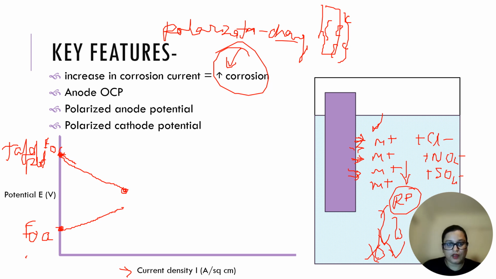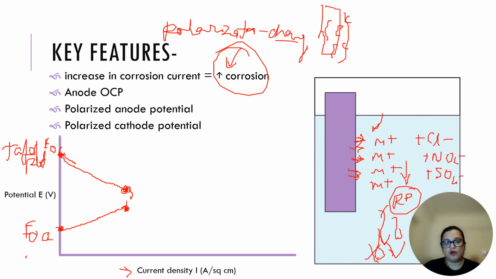Now, because they are on the same material, we are not going to try and intersect them as in the original Tafel plots. I have another video explaining Tafel plots in the series for electrochemistry. I will try to link it somewhere on the video. So, as opposed to the actual Tafel plot, the EOC and EOA on a single material will not intersect.